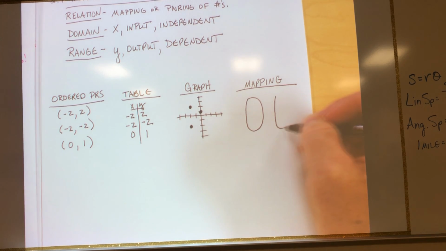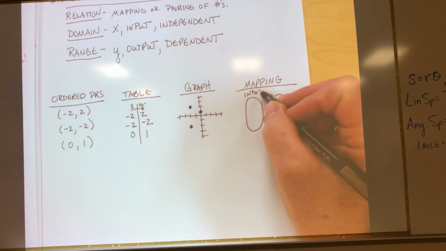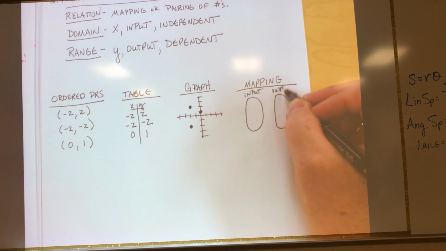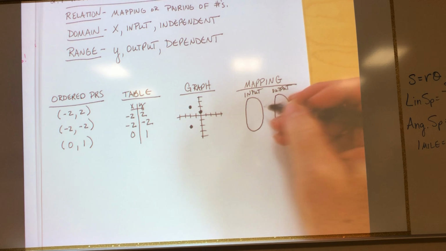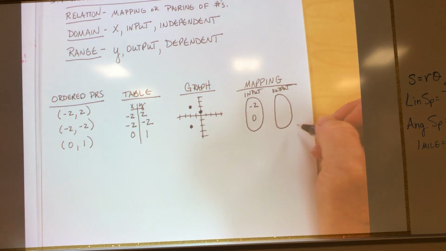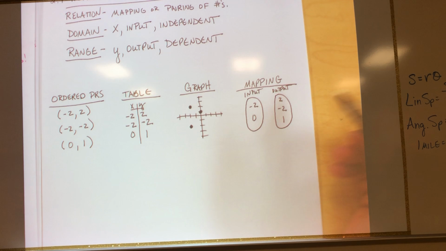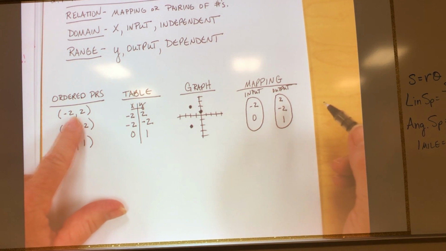We've got 2 circles. This is my input, and this is my output. My input contains the numbers -2 and 0, and my output contains the numbers 2, -2, and 1. They don't have to be in any certain order, okay? But here's what I do know.